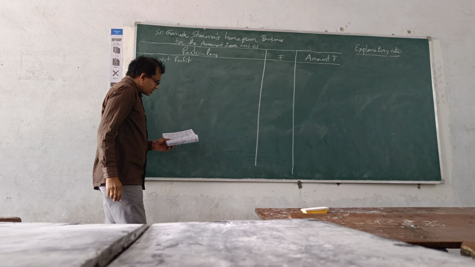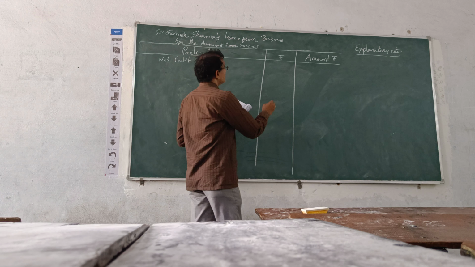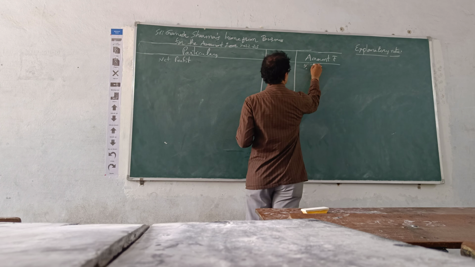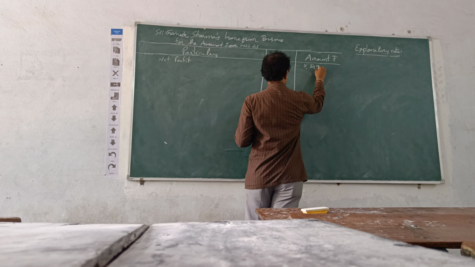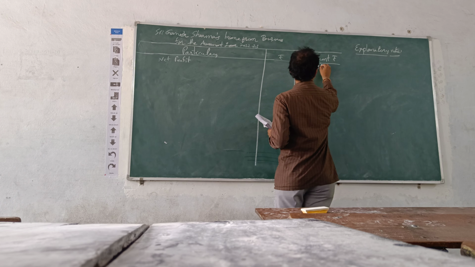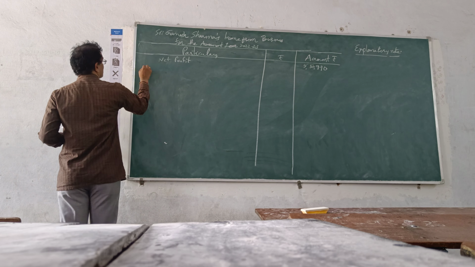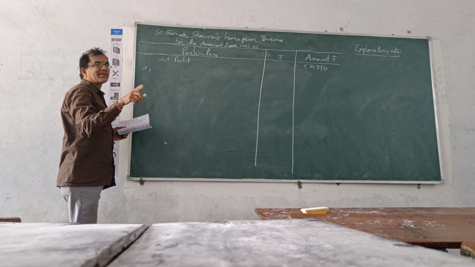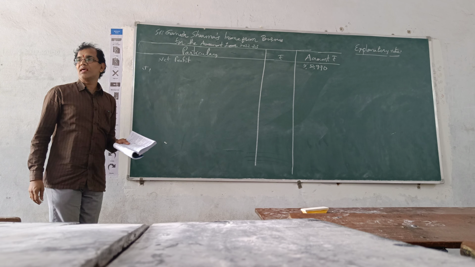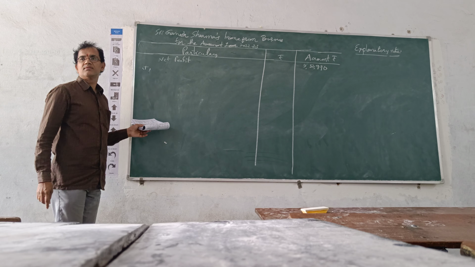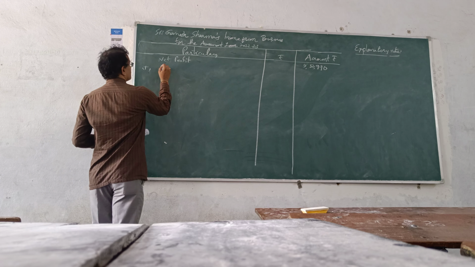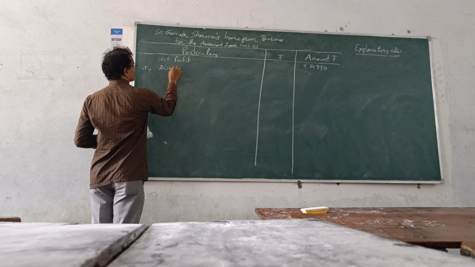What is the amount of net profit? 5,50,990. To this we have to add expenses which are not allowed according to the Income Tax Act.